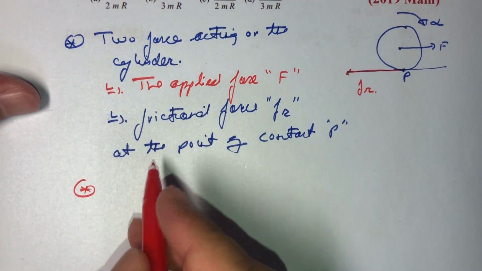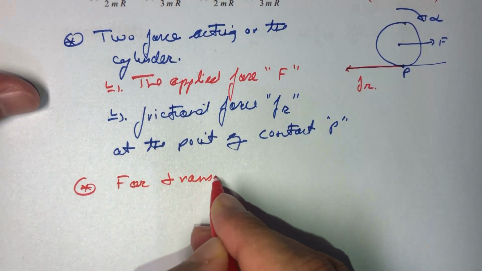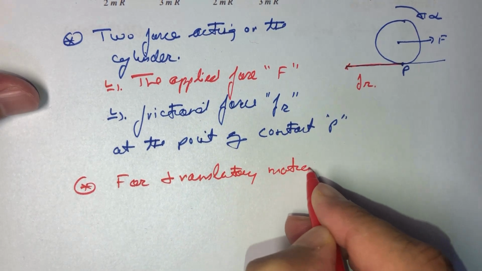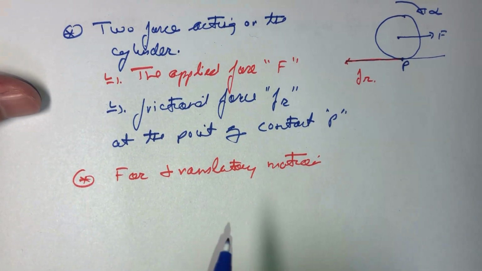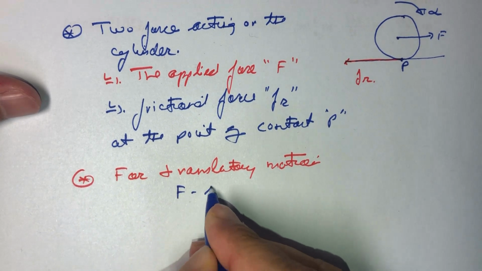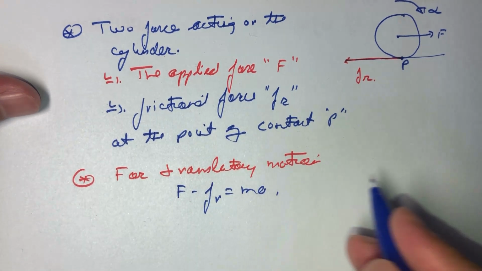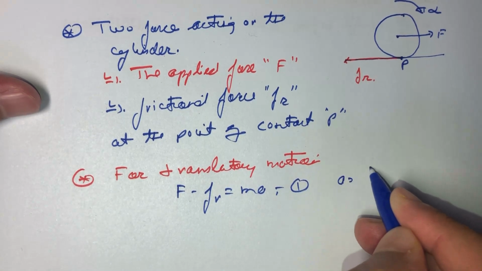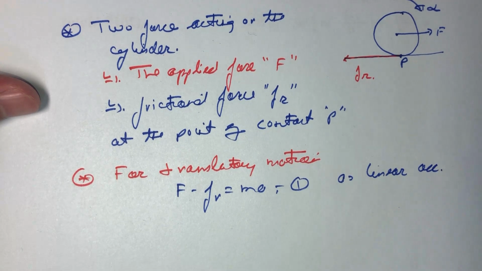For translatory motion, if A is the linear acceleration, then we can say F minus Fr is equal to mass into acceleration, let us call this equation 1, and A is linear acceleration.